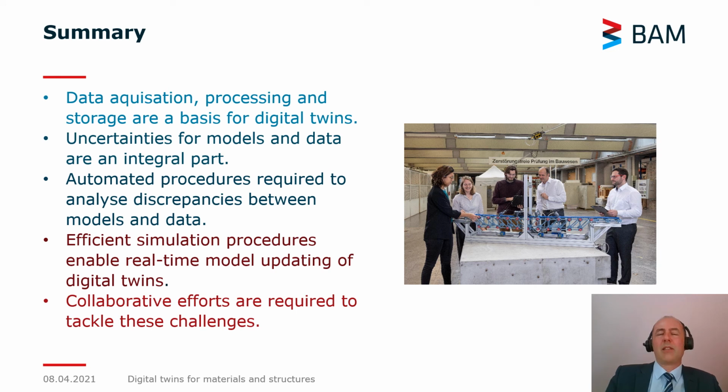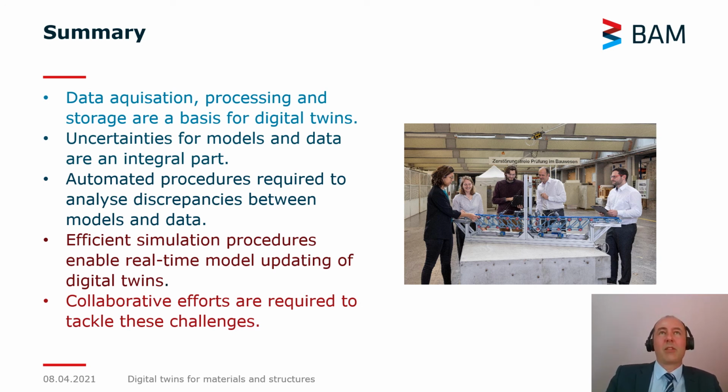And I think what's also very important, you need to have automated procedures to analyze discrepancies between models and data. So not only changing your model parameters, but trying to identify where the model is wrong and then help the engineer to, in a physics way, improve the model.